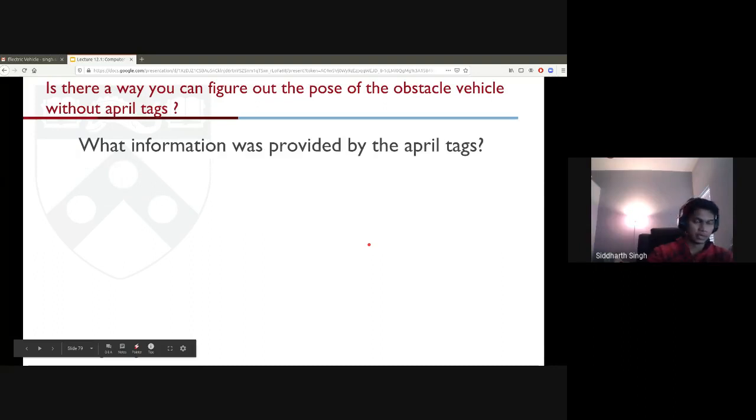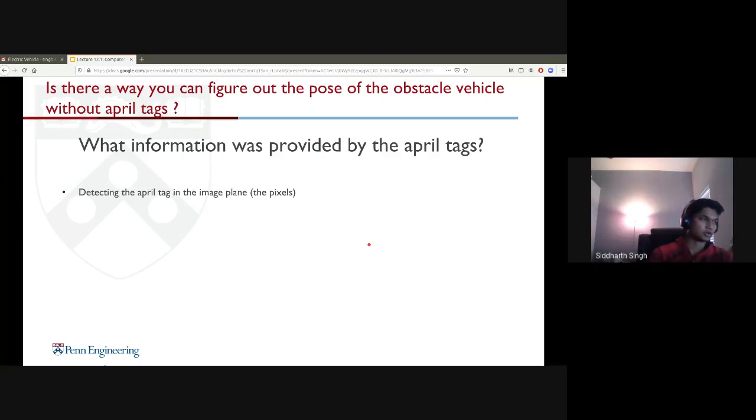So what information was provided by AprilTags was the corresponding detection, right? We detect the AprilTags in the image plane. That's the first thing, that we need to know which pixels actually correspond. Exactly that. Soumya, I think, said that.